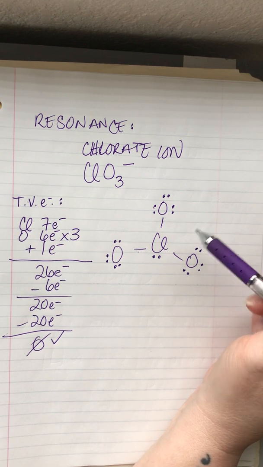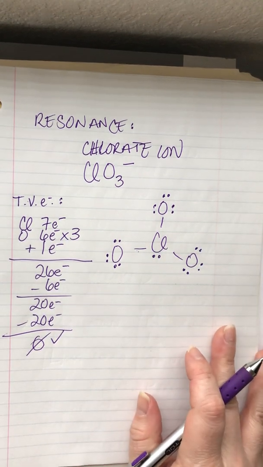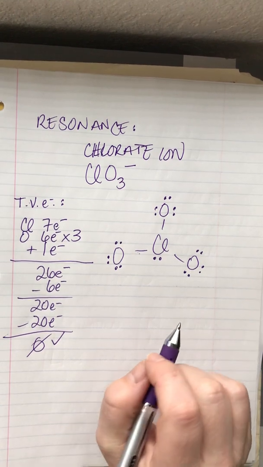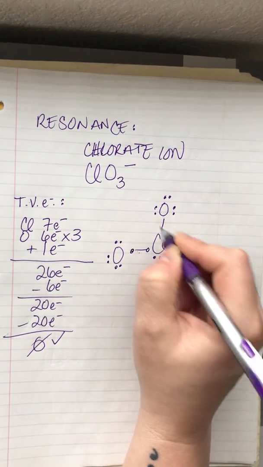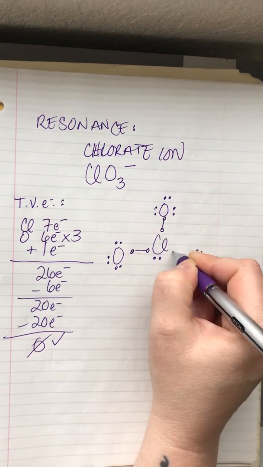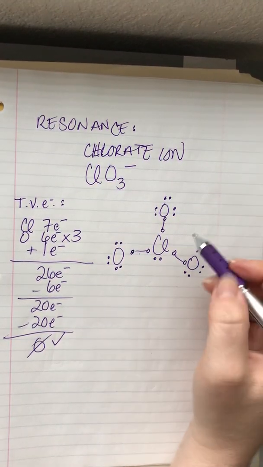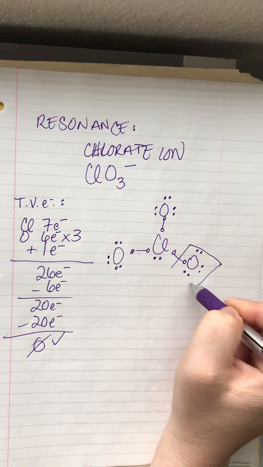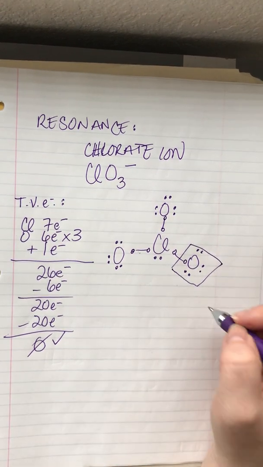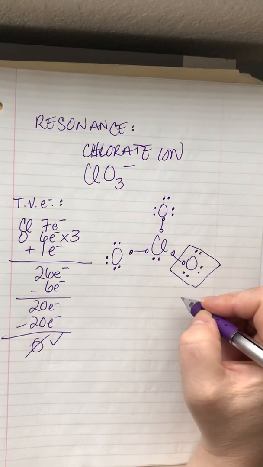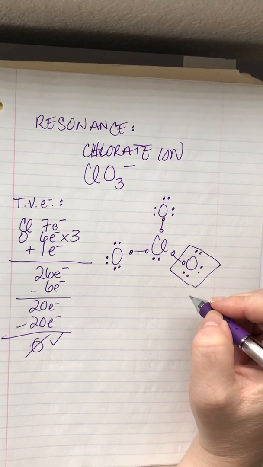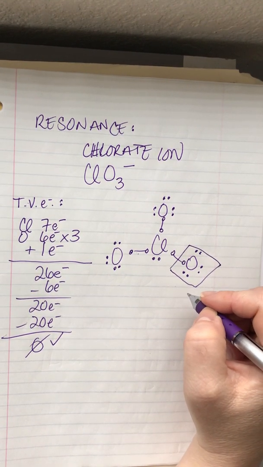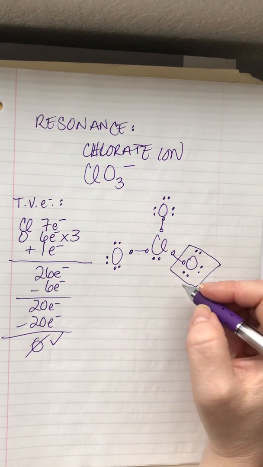Okay, so then the next thing we want to check, Jessica, is the formal charge. Exactly. So this is where I like to draw in all of my little electron boys and section them off. So oxygen came to the table with how many electrons? 6.